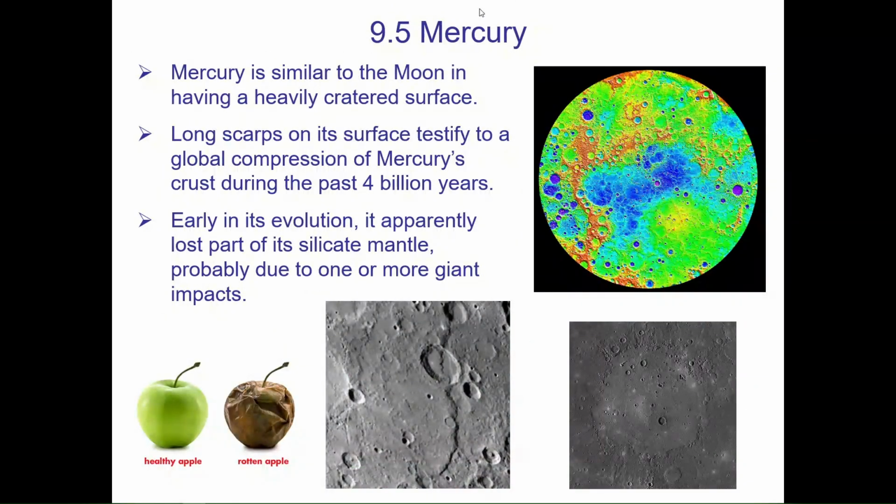If you look at the surface of Mercury, which resembles the surface of the Moon, there are some low regions represented by the dark blue color. Higher regions are represented by the red and orangish color, and there are a lot of craters. So Mercury, similar to the Moon, has a heavily cratered surface.